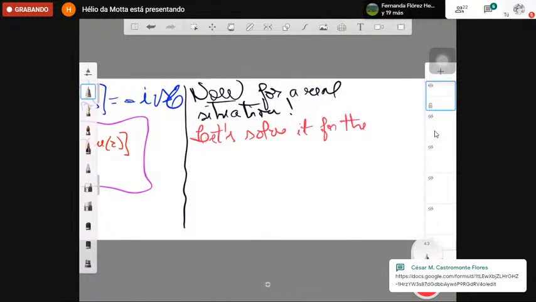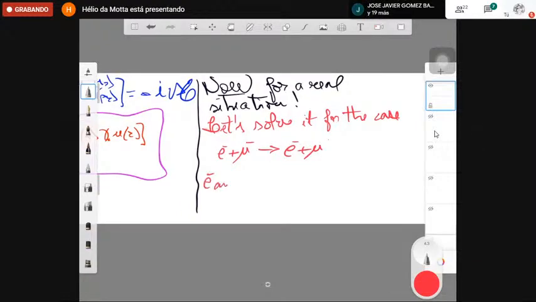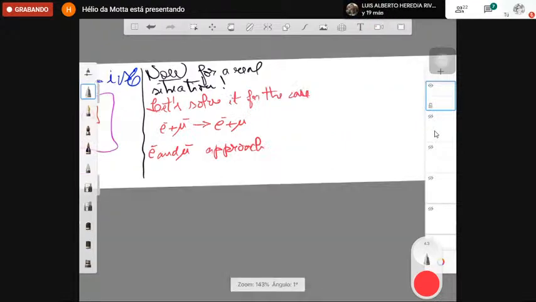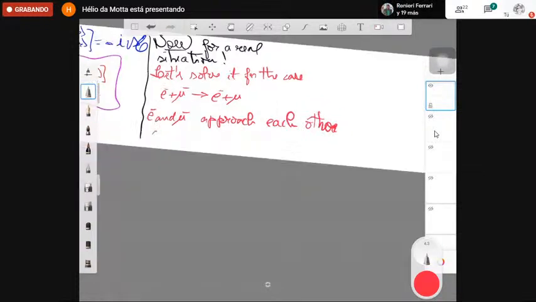Okay, we have an electron going to a muon, as we have now. But say the electron and the muon approach each other along the zx. Remember I said that we're going to define our frame of reference in a way that the particles are moving in the z direction. So we have the electron and the muon coming to each other. So they are going to collide, let's say this way, head on.